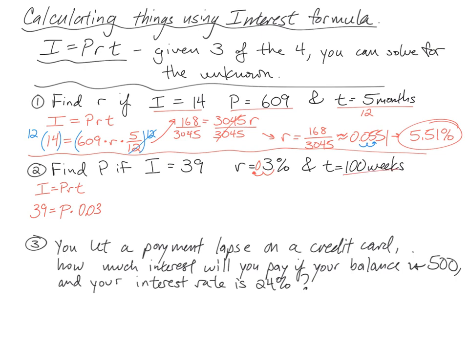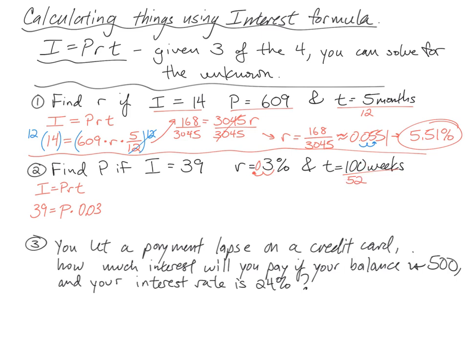because that's what the interest rate is as a decimal. And the weeks, we have to divide this by 52. So we can divide this by 52 and see if this fraction simplifies. And again, yes, it sure does. We can divide the numerator and denominator here by 4. So that'll give us 25 over 13 when you simplify those down.